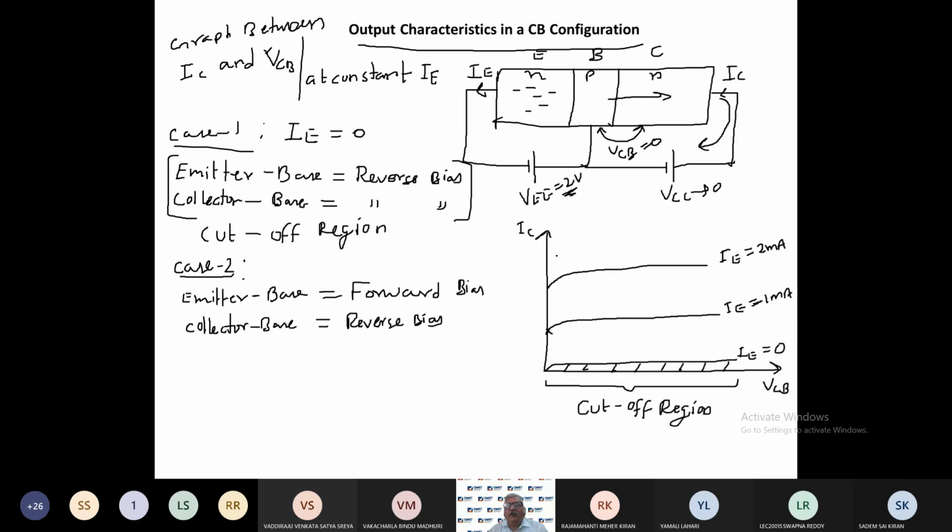So this region of the curve is called the active region. In the active region, emitter base is forward bias and collector base is reverse bias.